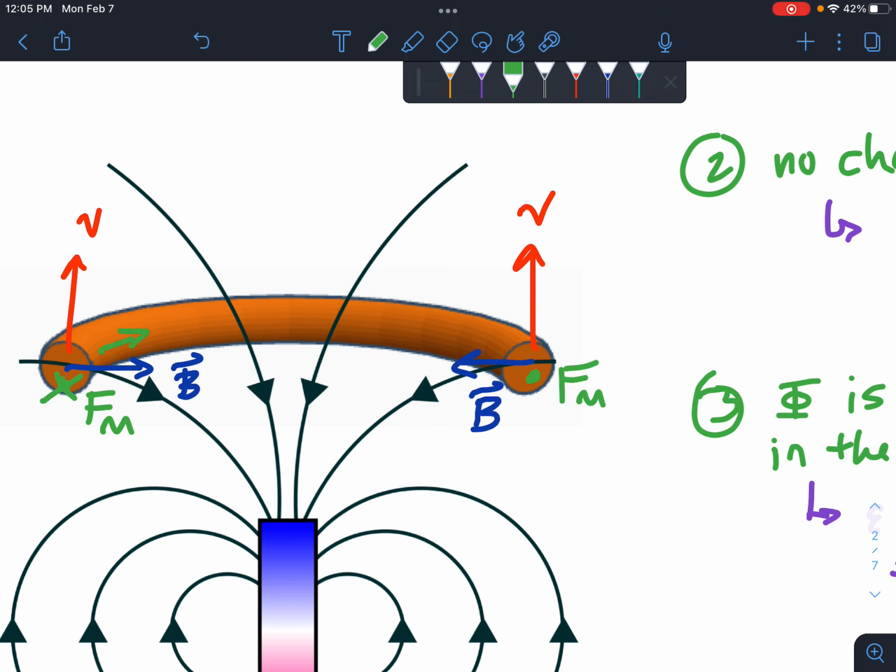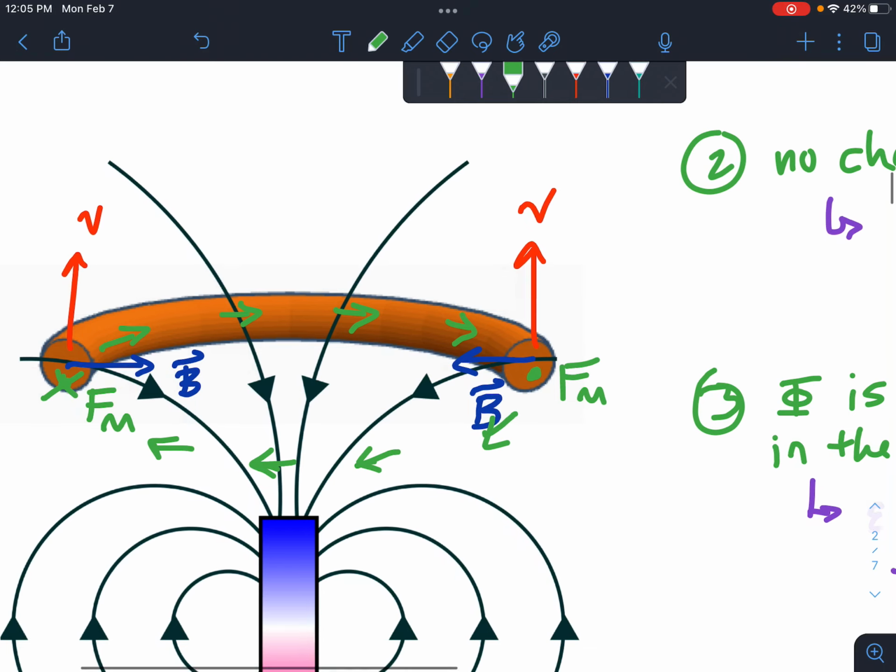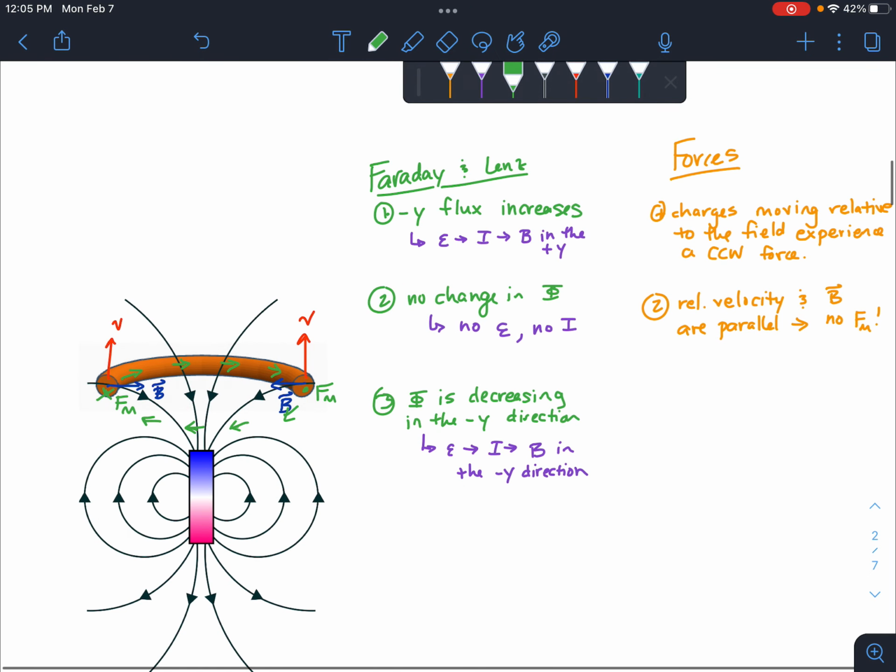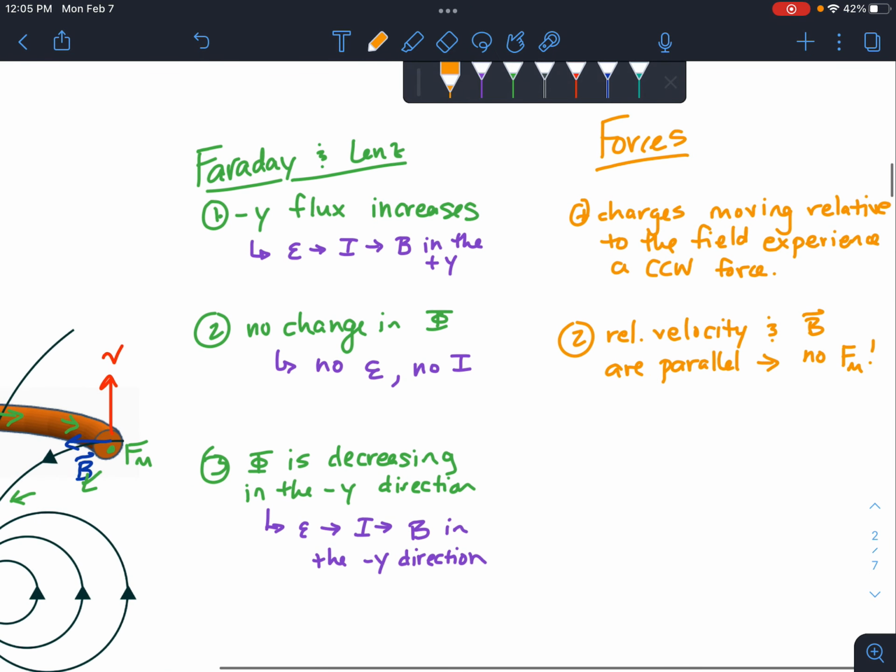And you would find at every point along the way in three-dimensional space that the magnetic force is perpendicular to both the velocity and the field, and that's going to be directed around this coil in a clockwise manner when looked at from above. And so here we have the charges moving relative. I'm just going to copy and paste this, even though my handwriting is awful on this one.